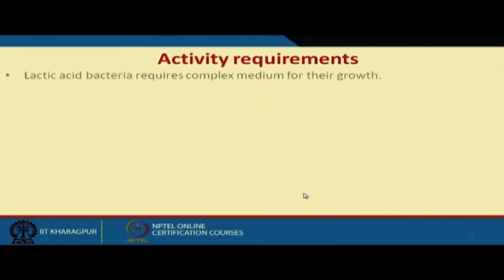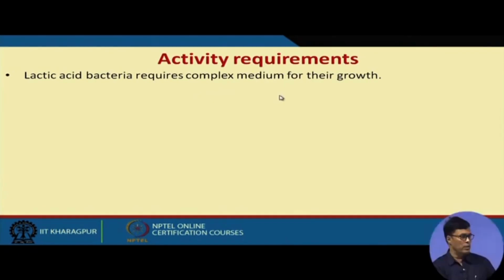Now, the lactic acid bacteria require complex media for their growth. Here I want to point out what you mean by complex media and synthetic media. Complex media means that the exact composition of the media is not well defined.